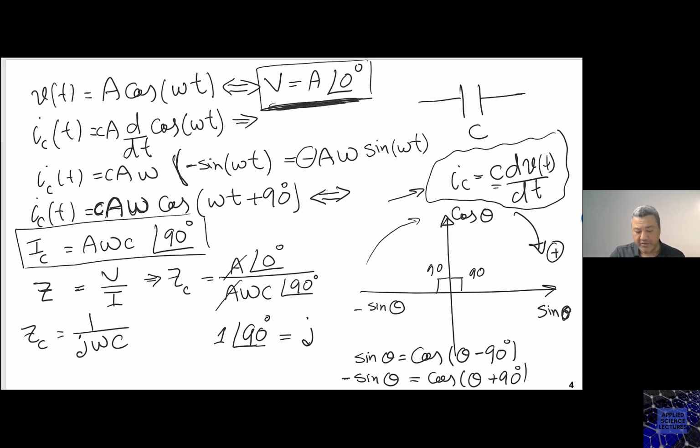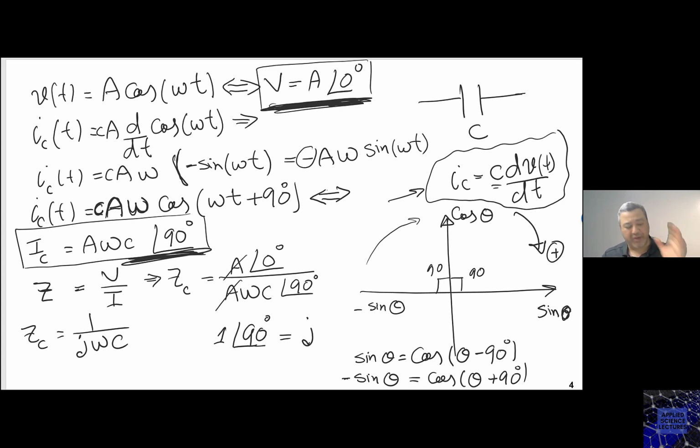Notice that between the phase for the voltage of the capacitor and the phase for the current of the capacitor, there's 90 degrees. The phase of the current for the capacitor is 90 degrees more than the voltage, which means that it is leading the voltage.